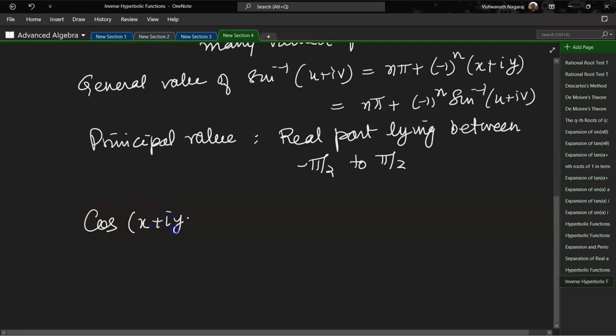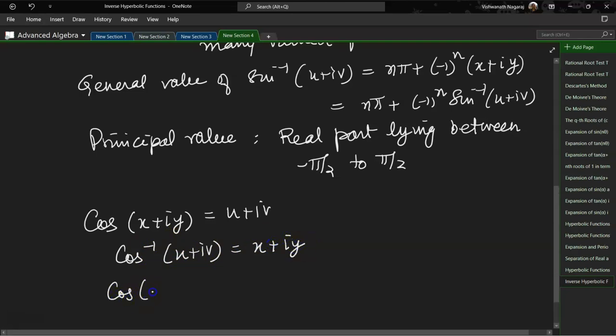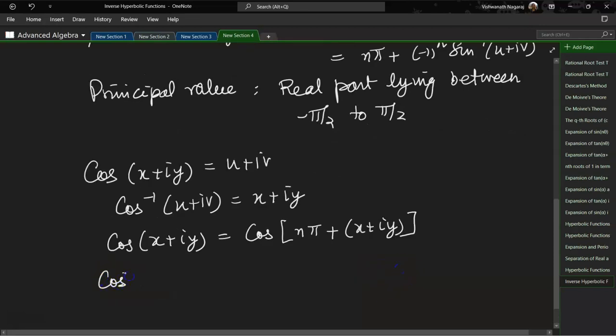So cos of x plus iy is equal to u plus iv, which means this can be written as cos inverse of u plus iv is equal to x plus iy, and cos of x plus iy is equal to cos of the periodic form n pi plus x plus iy, or in other words, cos inverse of u plus iv is equal to n pi plus x plus iy, right?